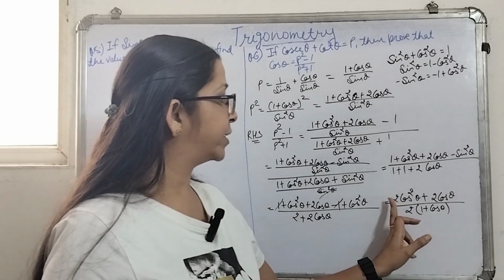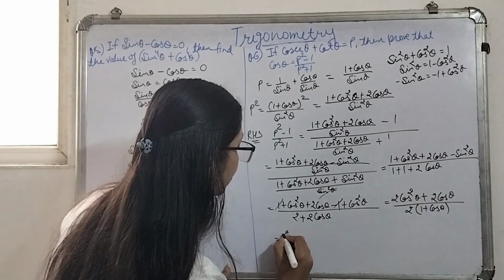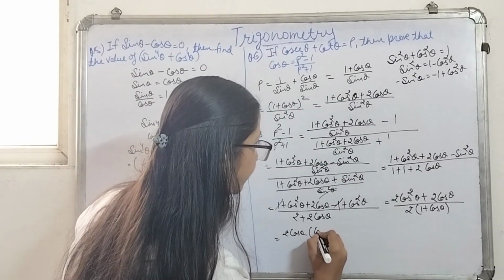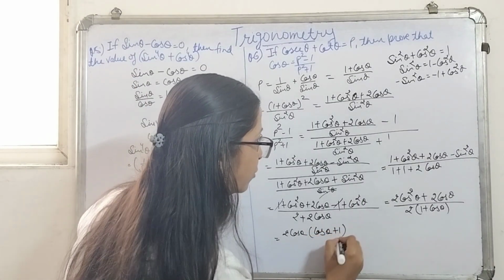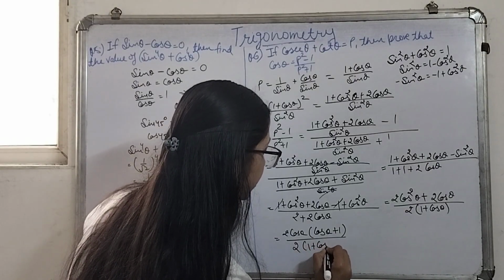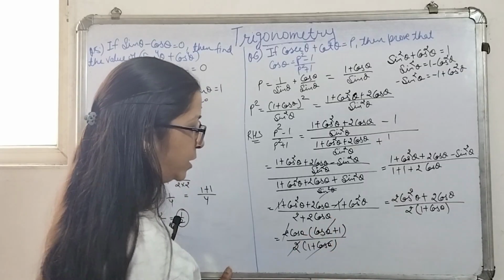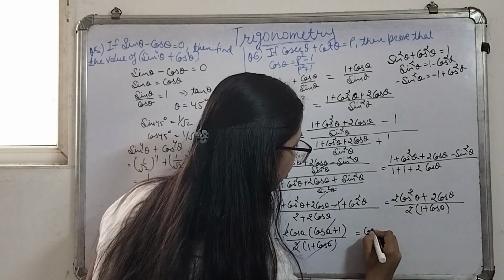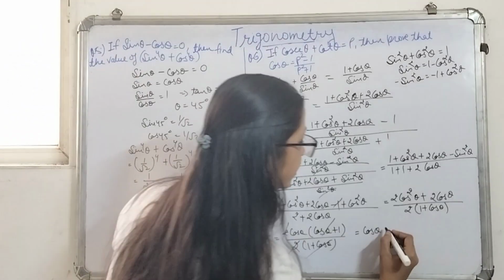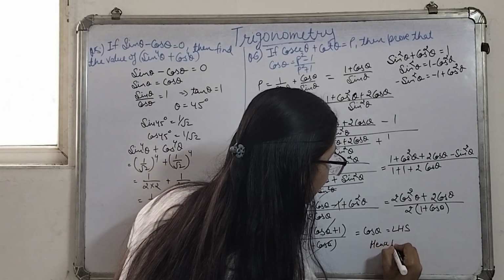In the numerator, we can take 2 cos theta common, and the remaining will be cos theta plus 1. So the denominator is 2 times (1 plus cos theta). The 2 and 2 cancel, 1 plus cos theta and 1 plus cos theta cancel, and it is equivalent to cos theta. And that was the LHS. So hence proved.